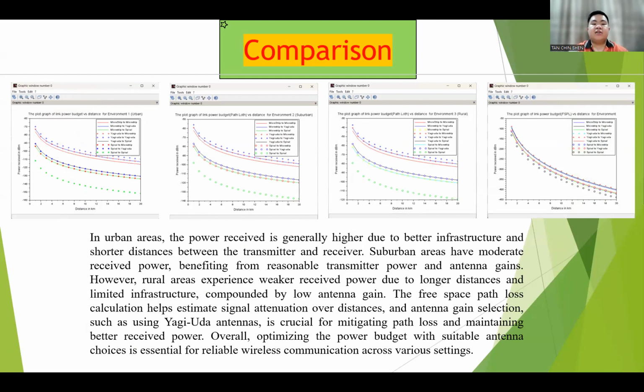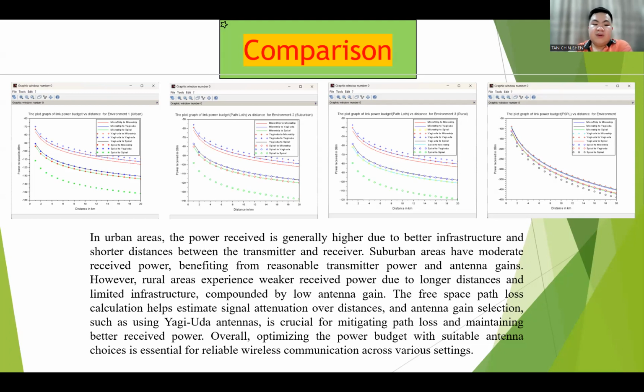Okay, so in urban area, the power received is generally high due to the better infrastructure and shorter distance between the transmitter and receiver. Suburban areas have moderate receive power, benefiting from reasonable transmitter power and antenna gains. However, rural areas experience weaker receive power due to longer distance and limited infrastructure, compounded by the low antenna gain.